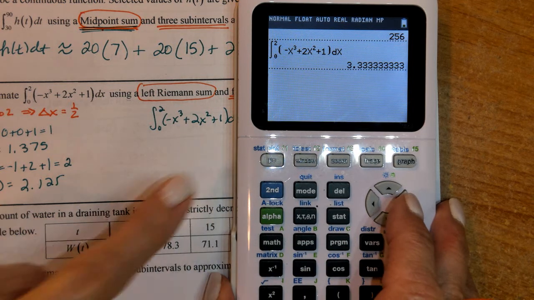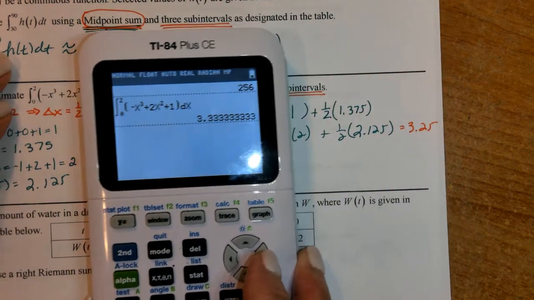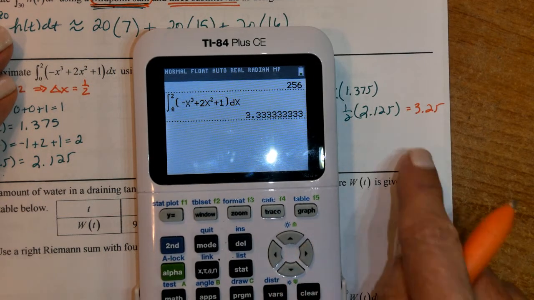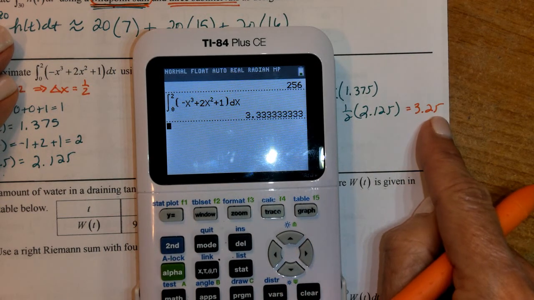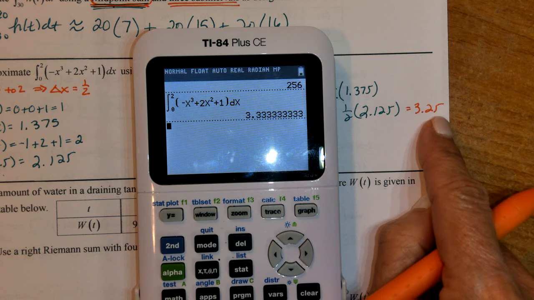That's the exact area under that curve. We got 3.25. That's not too bad, is it? Not a bad approximation.